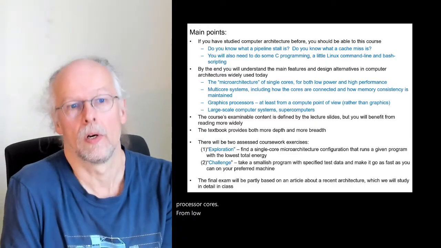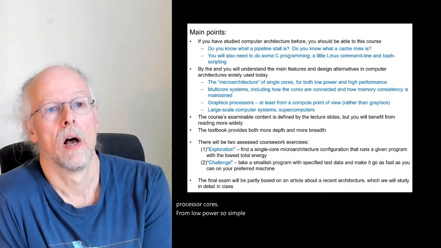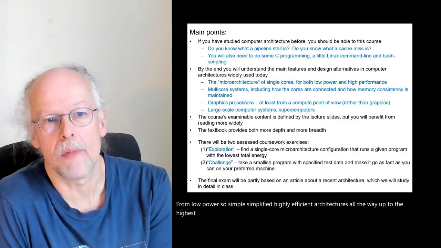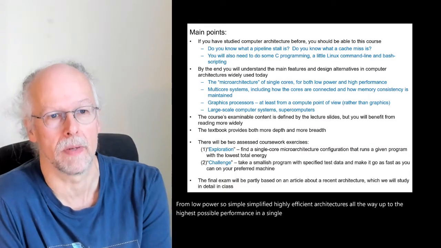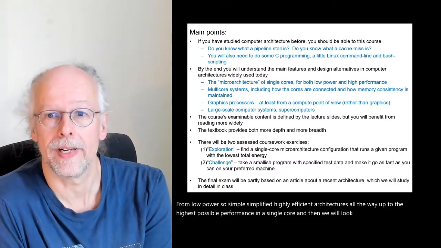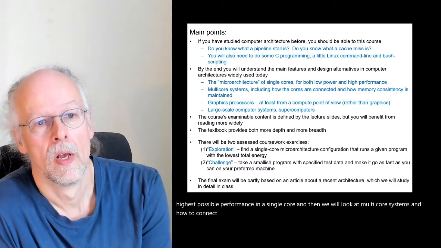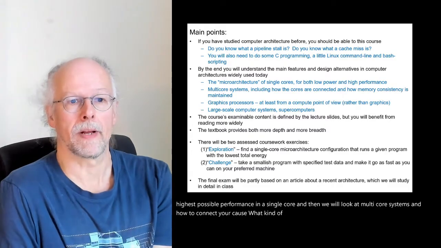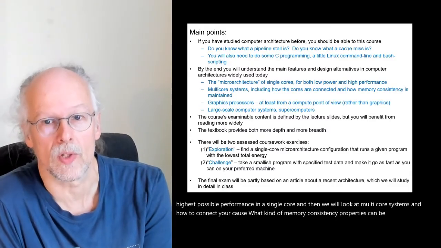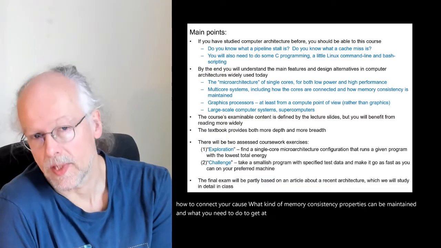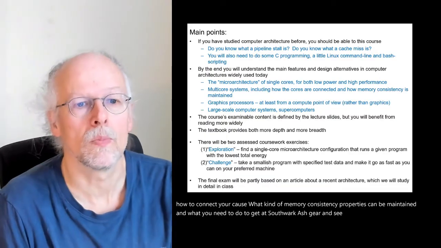And then we will look at multi-core systems, how to connect your cores, what kind of memory consistency properties can be maintained, and what you need to do to get that, so the cache coherency protocols. We'll talk about graphics processors, as I mentioned. There's another kind of multi-core, sometimes called a many-core processor. We'll talk about large-scale systems, including supercomputers.